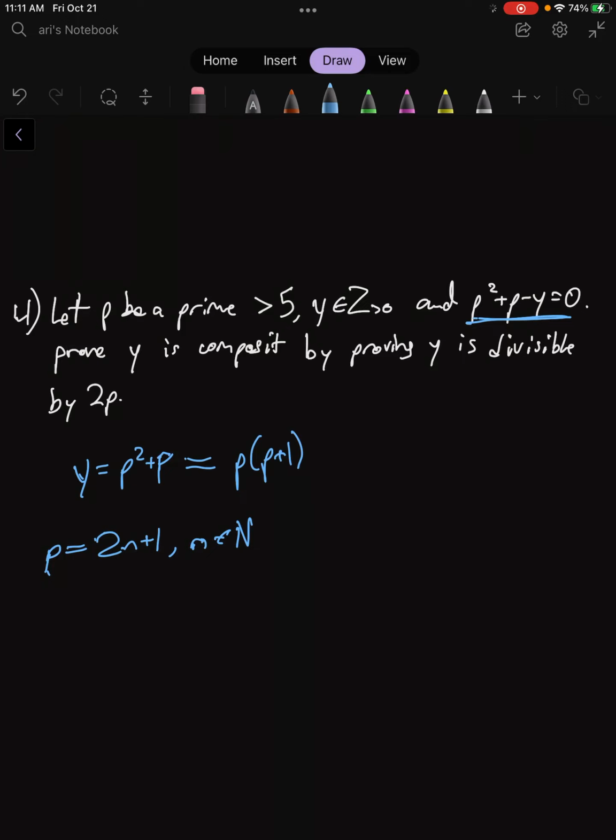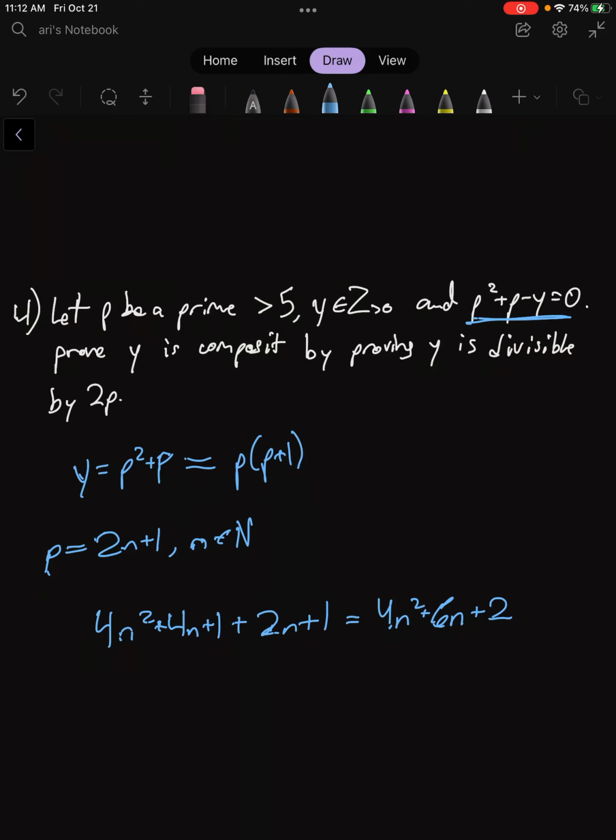If we plug this into p squared plus p, we get 4n squared plus 4n plus 1 plus p, which is another 2n plus 1. Things are getting ugly. That is equal to 4n squared plus 6n plus 2.